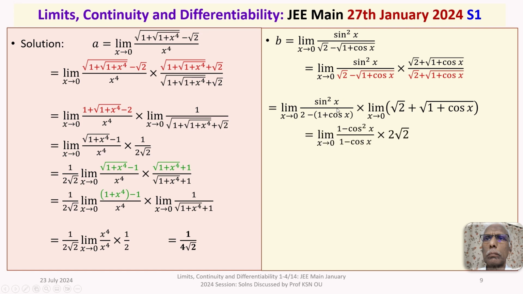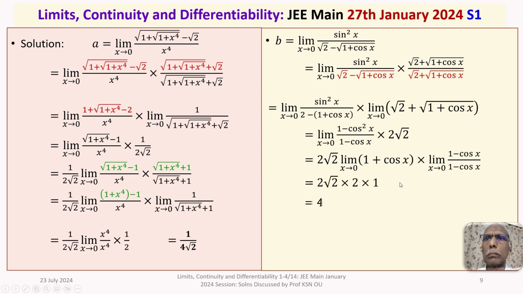For sin square x, we have written 1 minus cos square x, and the denominator is 1 minus cos x, and this is 2 root 2. And this will be 2 root 2 times limit x tends to 0 of 1 plus cos x, into limit x tends to 0 of 1 minus cos x by 1 minus cos x. This is 1. And as x tends to 0, this is 1 plus 1, 2. So this is 2 root 2 into 1. That is 4 root 2.